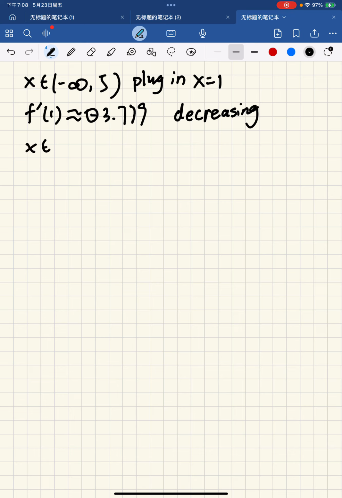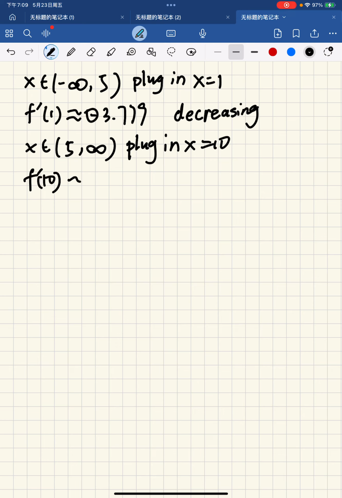On the second interval, which is 5 to positive infinity, same as the first one, we just plug in a value inside that interval. So at this point, we're gonna plug in x equals to 10. And the derivative at x equals to 10 will approximately equal to this.